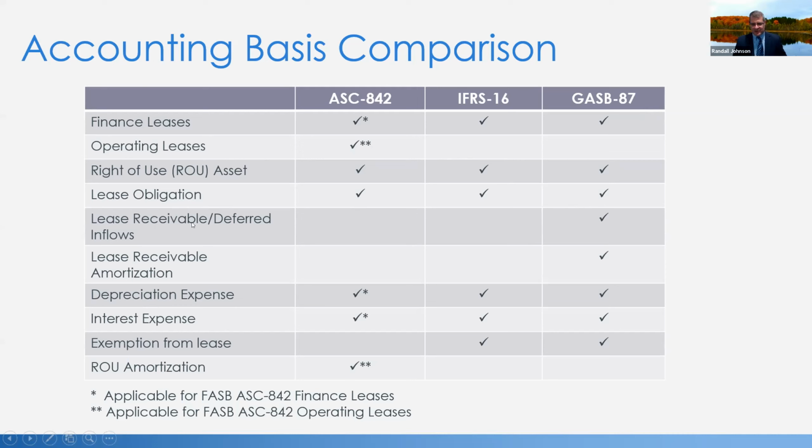So if you are the lessor and you are ASC 842 or IFRS 16, you're good. If you are a lessor and you're GASB 87, rules changed in your accounting and you have treatment that is different than the other two accounting bases. And there's some other differences on sort of what's applicable on financing versus operating leases.